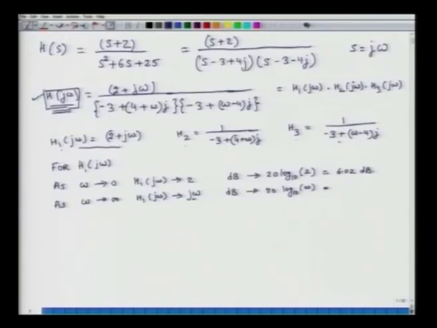So, these are the 2 asymptotes. The first one is the low frequency asymptote and the second one is the high frequency asymptote.